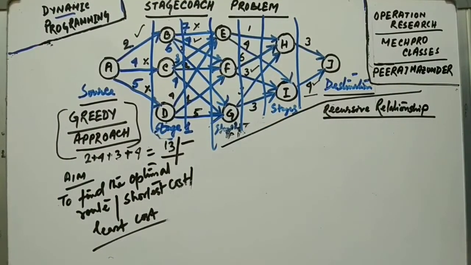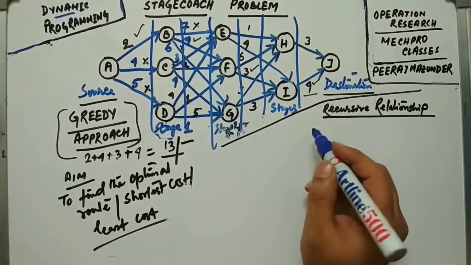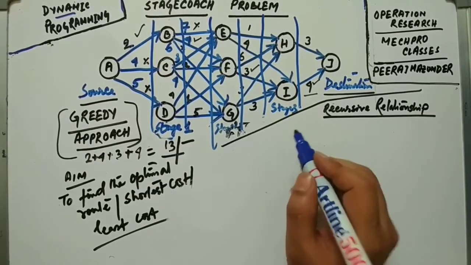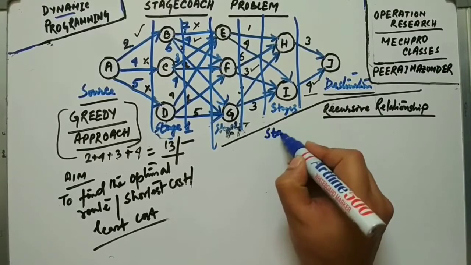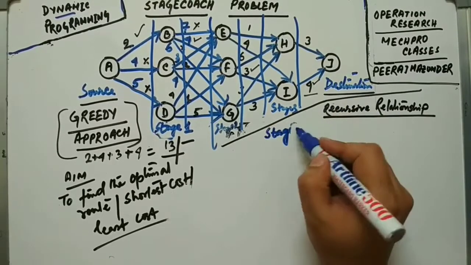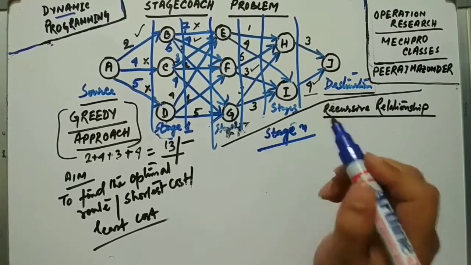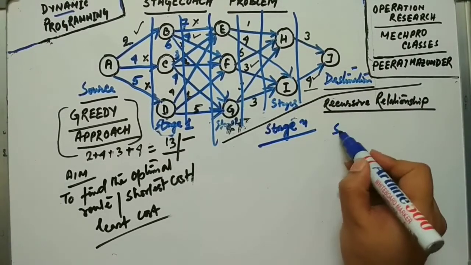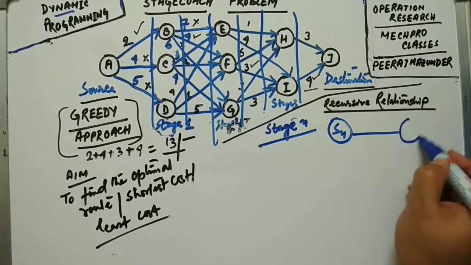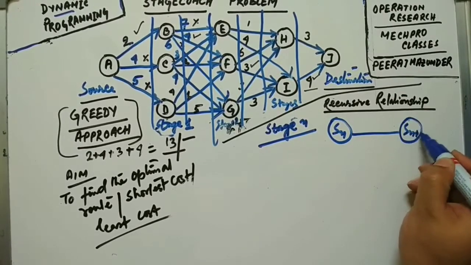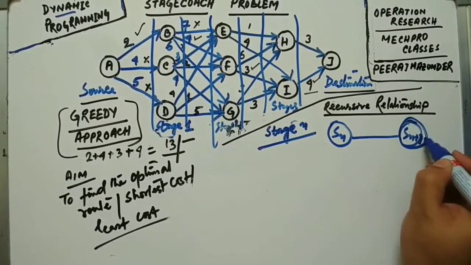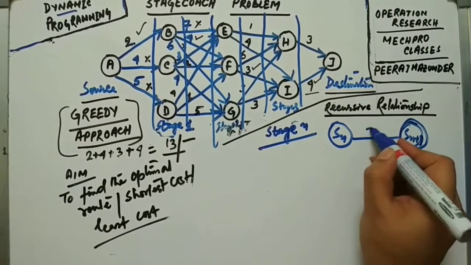Now let us see how to form the recursive relation for this particular stagecoach problem. Look, for stage n, say we have Sn and say we have got Sn plus 1. Now say this is the Xn.